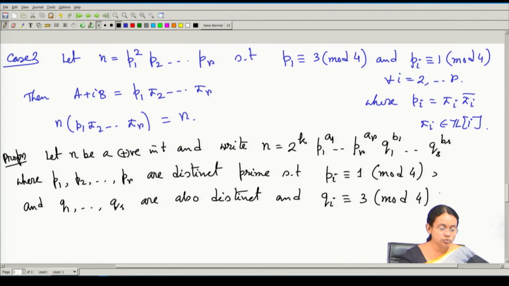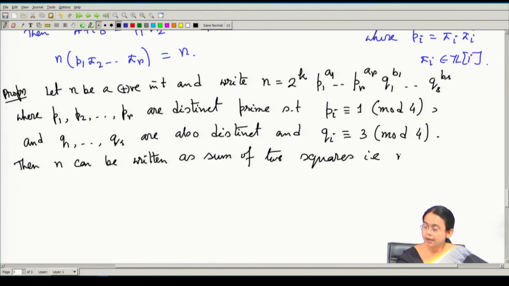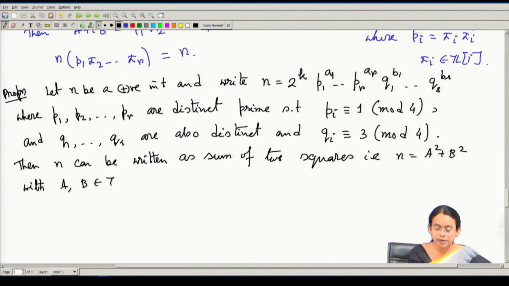And not only that, I am also assuming that if this is the description of the factorization, then n can be written as a sum of two squares, that is, I should be able to write n as a square plus b square, with a and b integers, if and only if each... So, we have seen that the primes which are congruent to 3 mod 4 should be present in even powers.